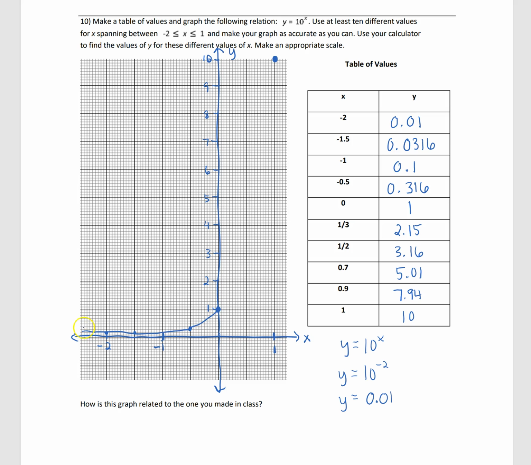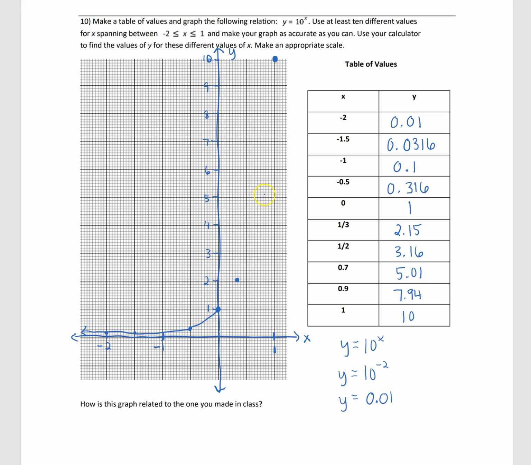Our function on this side goes up like that. Okay, and so when x is greater than 0, when x is 1/3, we have around 2. So let's say 1/3 is about here. When x is 1/2, we have around 3, just over 3. When x is 0.7, it's around 5.